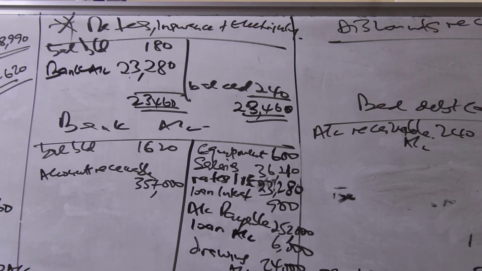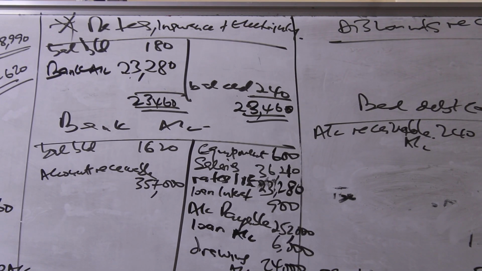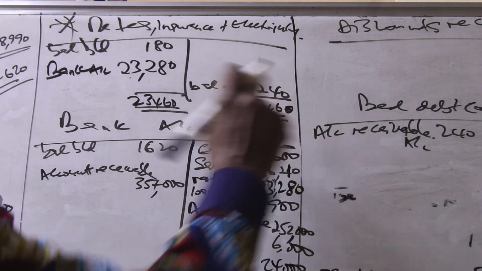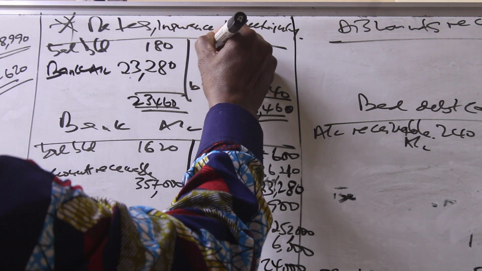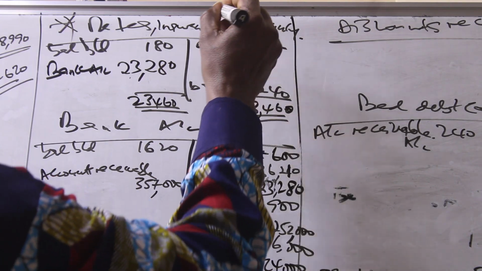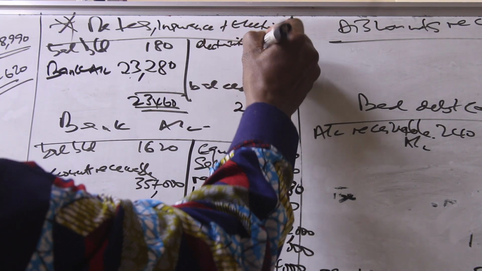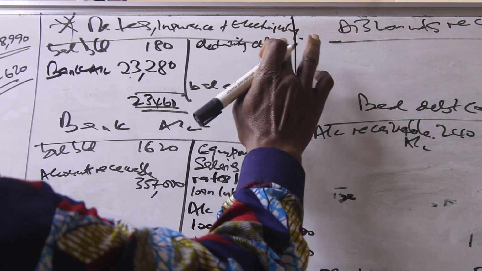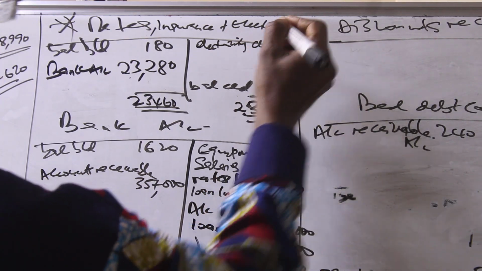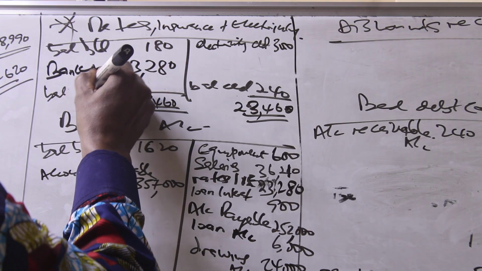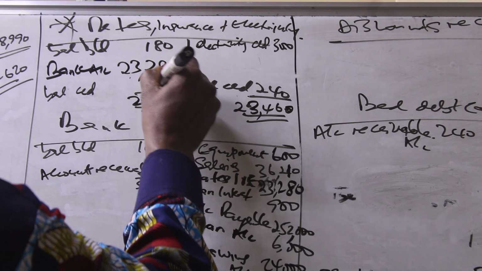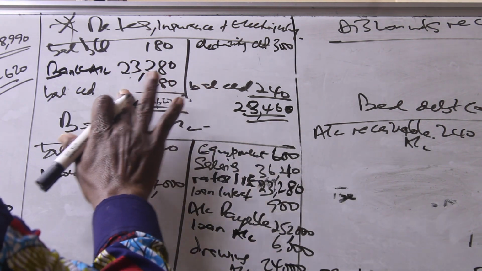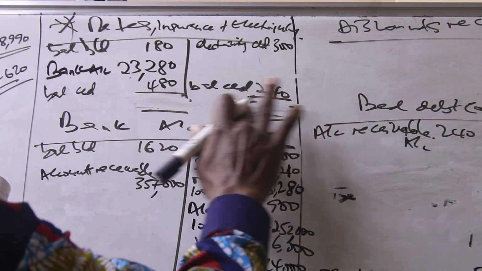So for the rates, we had a prepaid rate of 180 and 240. But electricity was a liability of 300 and 480. Electricity was carried down as a liability of 300 and balance carried down, a liability of 480.